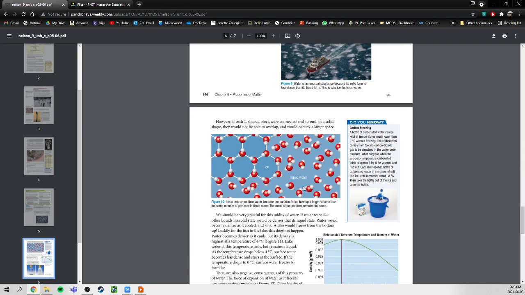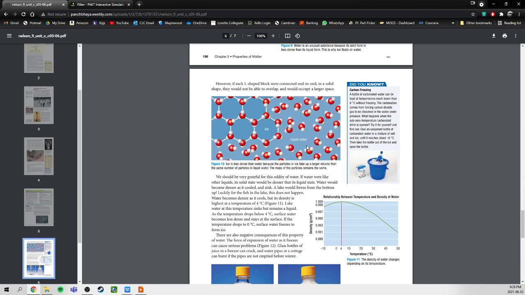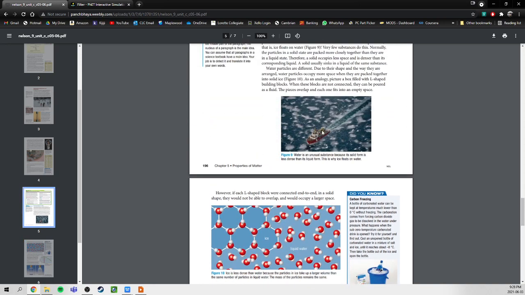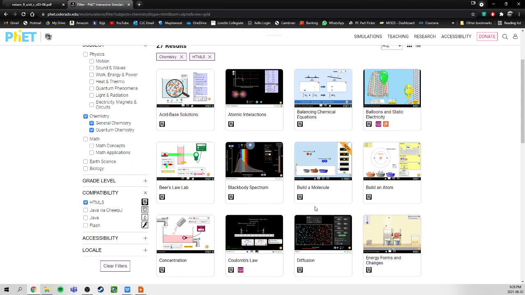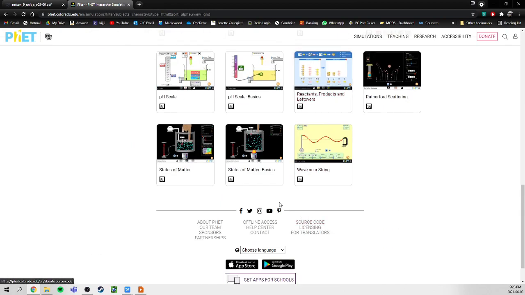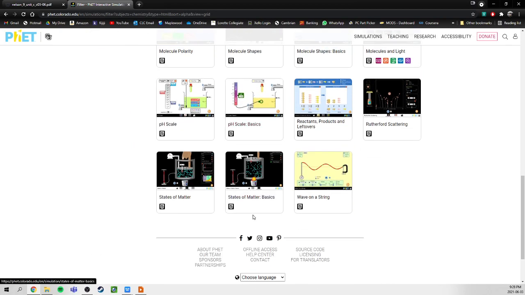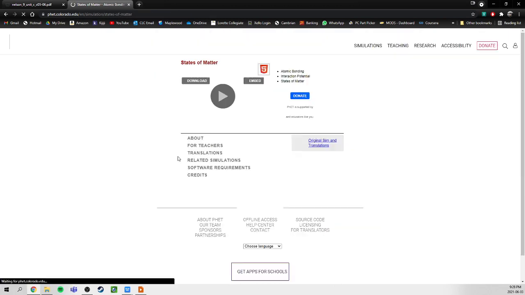Now, this is a minor point, except think about if it was the other way around. Think like most things are as solids, and we'll see if we can get into something here.